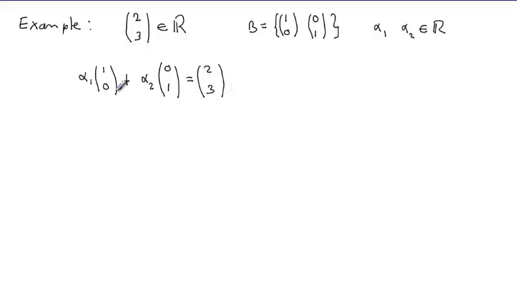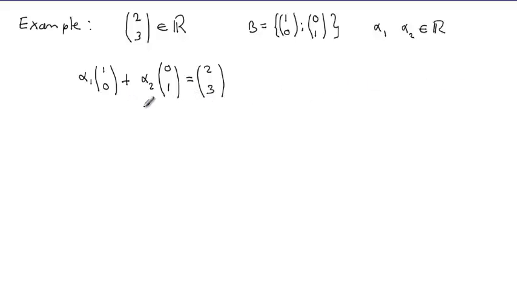So if we can find these two numbers such that we can produce the vector (2, 3) from this, then we can see that (2, 3) is a linear combination of those two. But this happens with any vector in R2.